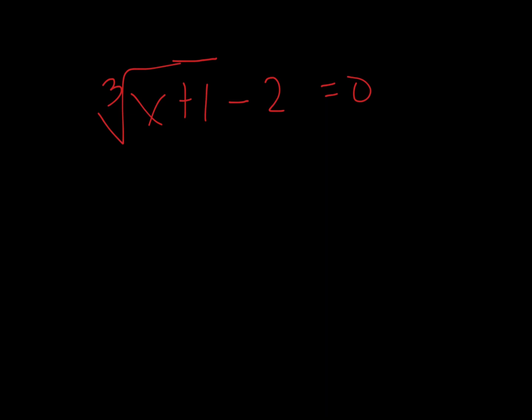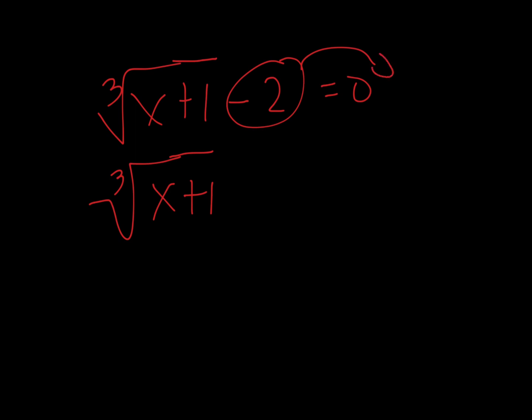First step, isolate the radical. So the cube root of x plus 1, then transpose this to the other side, so it is equal to positive 2. Second, raise both sides to the nth power. Since our radical is a cube root, we raise both sides to the third power.